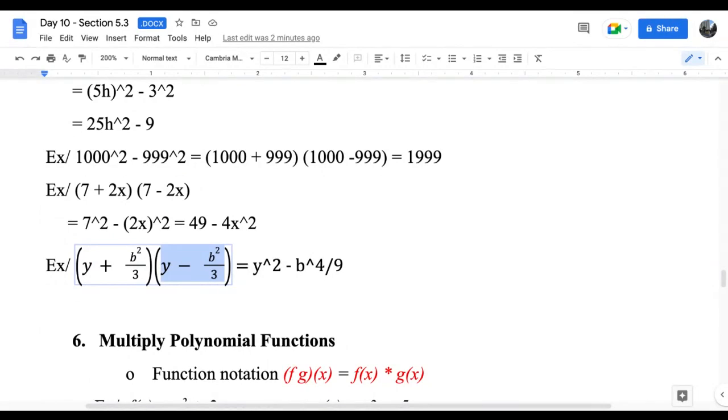Conjugate pairs, right? Difference of two squares. That's just equal to y squared minus b squared over 3 squared, which is b to the 4th over 9, right? Minus b to the 4th divided by 9.